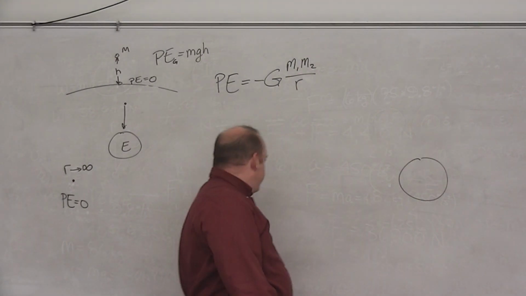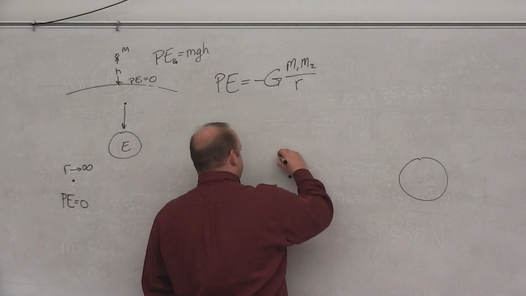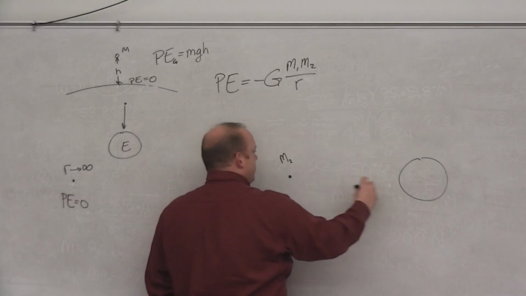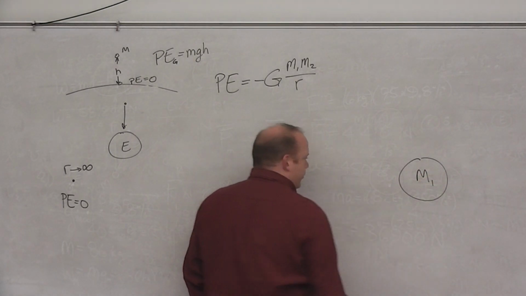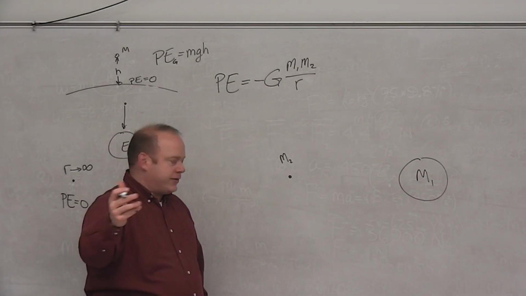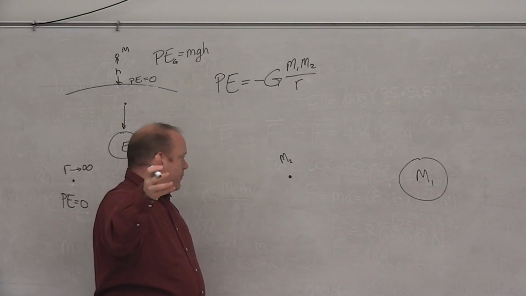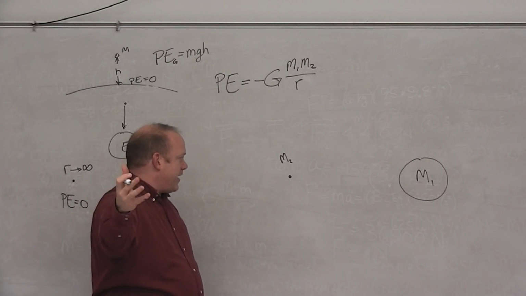Because as I get closer, so when I'm right here, this has a little mass. I'll call this m2. I'll say that this planet or whatever it is has a mass m1. They could be two planets, two suns. It could be the moon. It could be a human satellite, whatever.